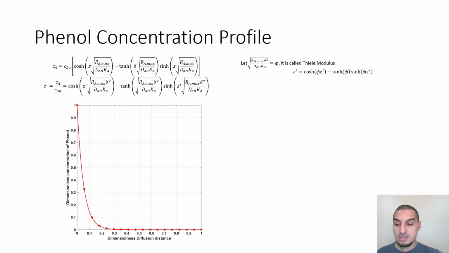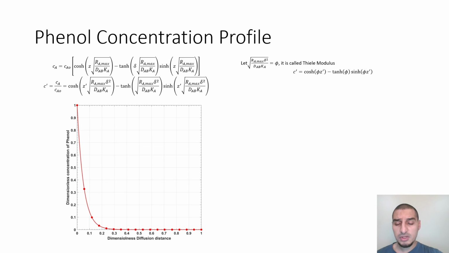So it's doing a good job to remove all the phenol in the first part, which is not bad, because it will give you some flexibility to operate the unit either for higher capacity or for cases where some of the cells are not active. So you'll have other backup cells that will do the job for them.